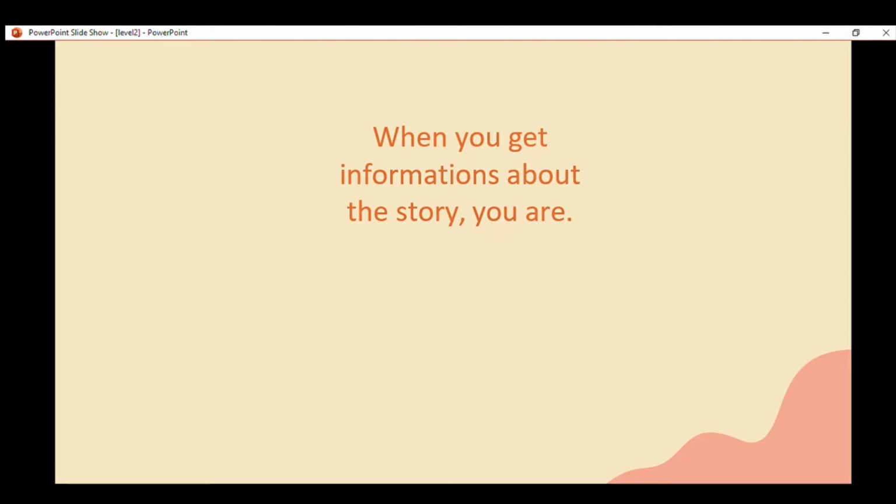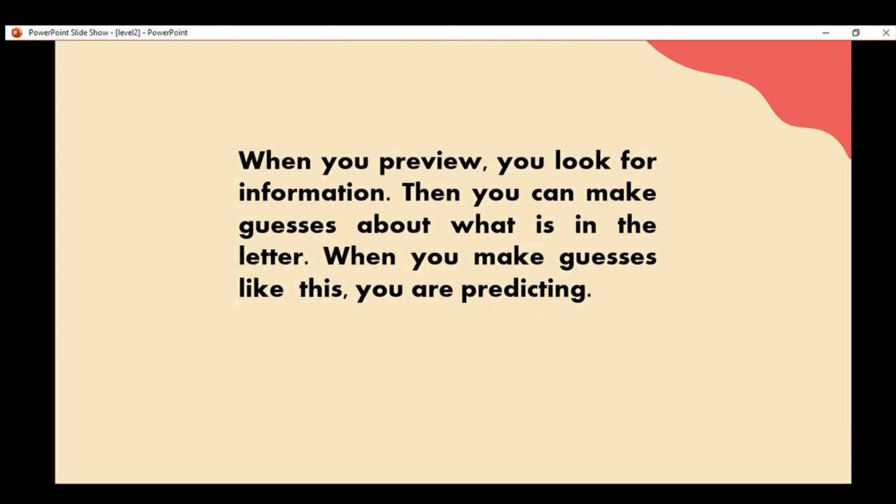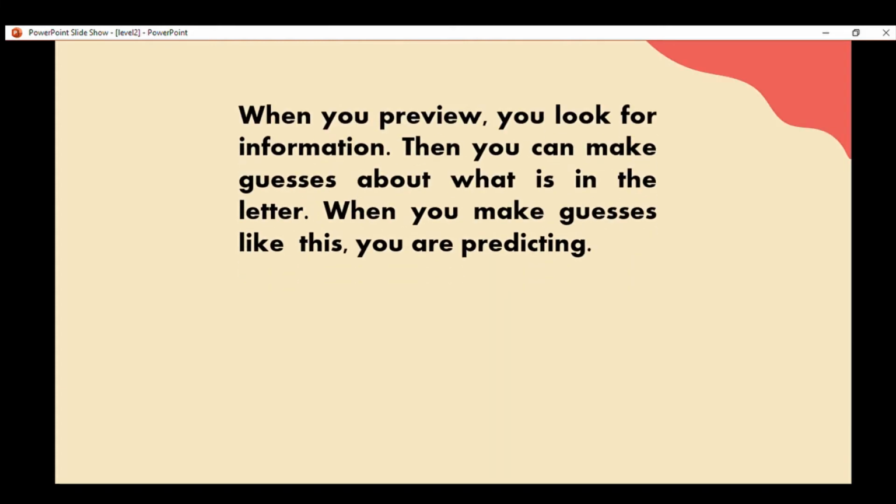When you get information about the story, it means you are previewing. When you preview, you look for information. Then you can make guesses about what is in the letter or what is in the story. When you make guesses like this, it means you are predicting.